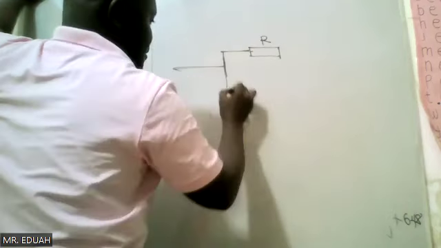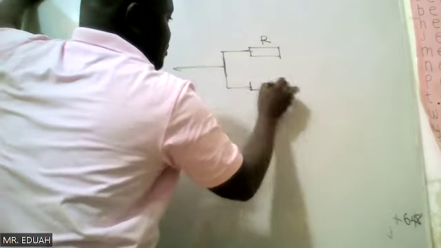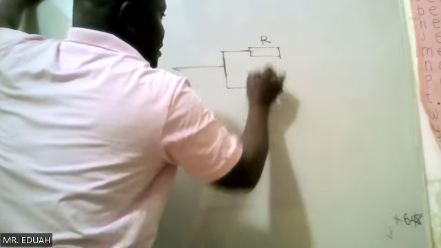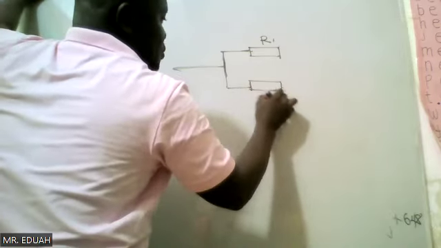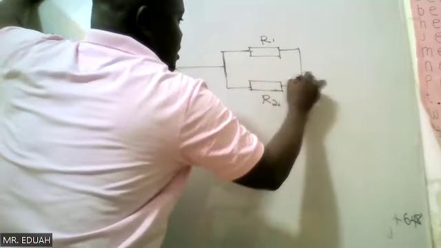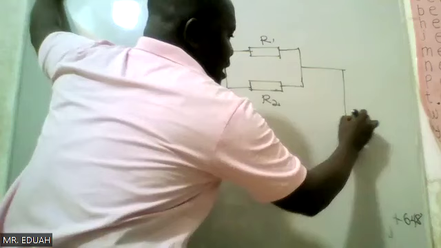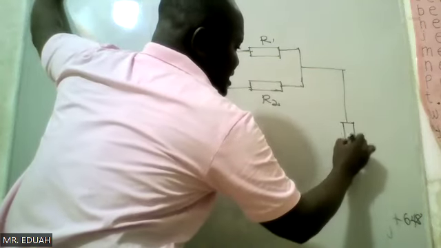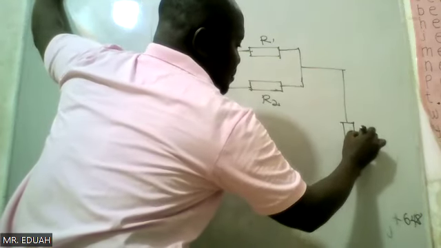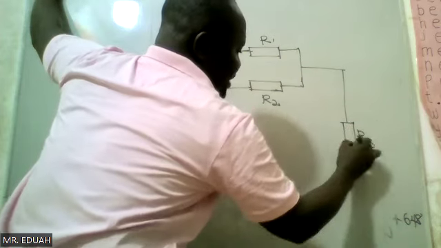So R1, R2. These 2 are connected in parallel. Then we have 2 other resistors. This is R3.